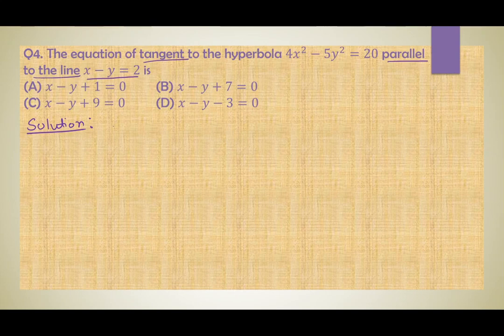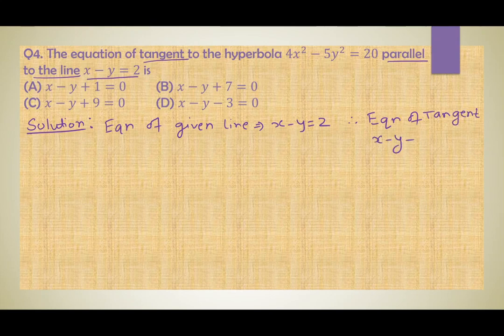So let's start with a different process now. The equation of the given line is x minus y equal to 2. Therefore, I can say the equation of the tangent is going to be x minus y plus lambda equal to 0.